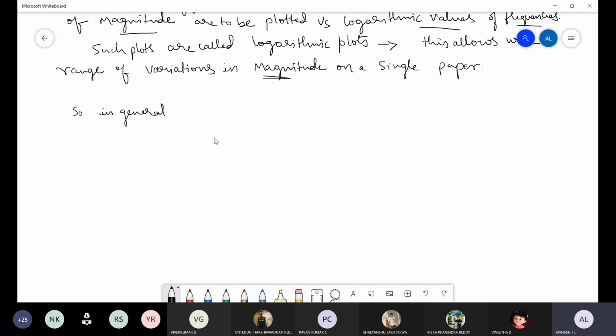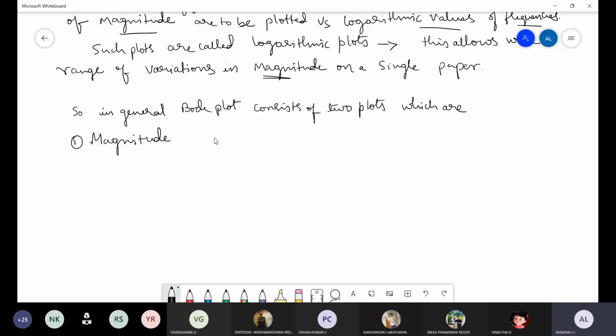In general, a Bode plot consists of two plots, two types of graphs or curves that come on the same graph sheet. The first one, all of you write this down, is the magnitude plot.